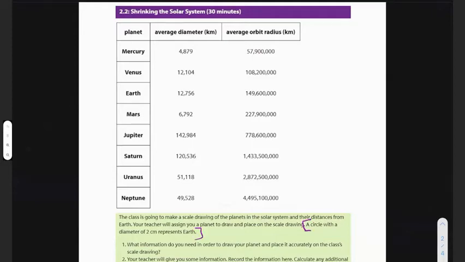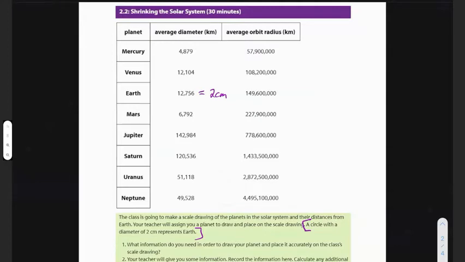That means the 12,756 kilometer diameter given on that table is just 2 centimeters. Like if you were to go outside with chalk, and you have this huge basketball court, you would draw just a tiny little circle, 2 centimeters in diameter, and that would be Earth.